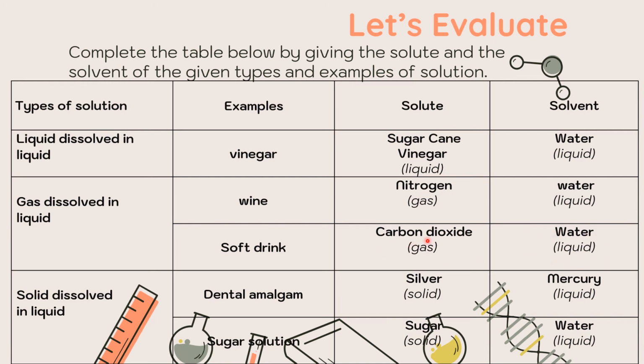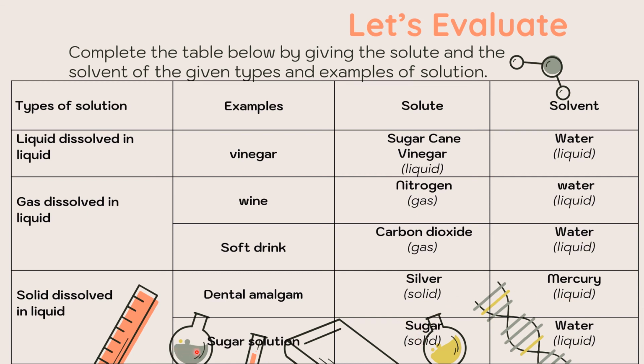So carbon dioxide and water are present in our soft drink. Then solid dissolved in liquid. So in our dental amalgam, the solid there is silver, and then the liquid is mercury, wherein the mercury is our solvent. So we have solid dissolved in liquid.